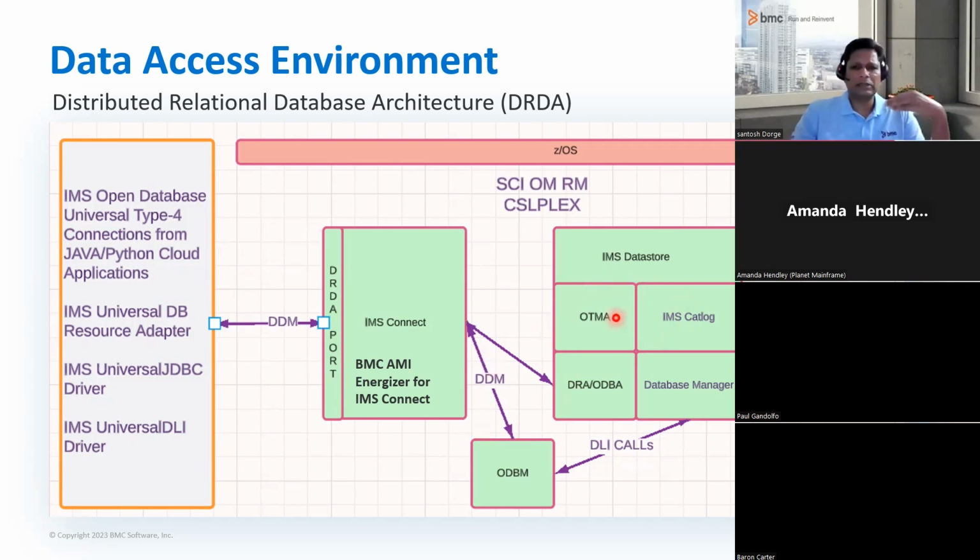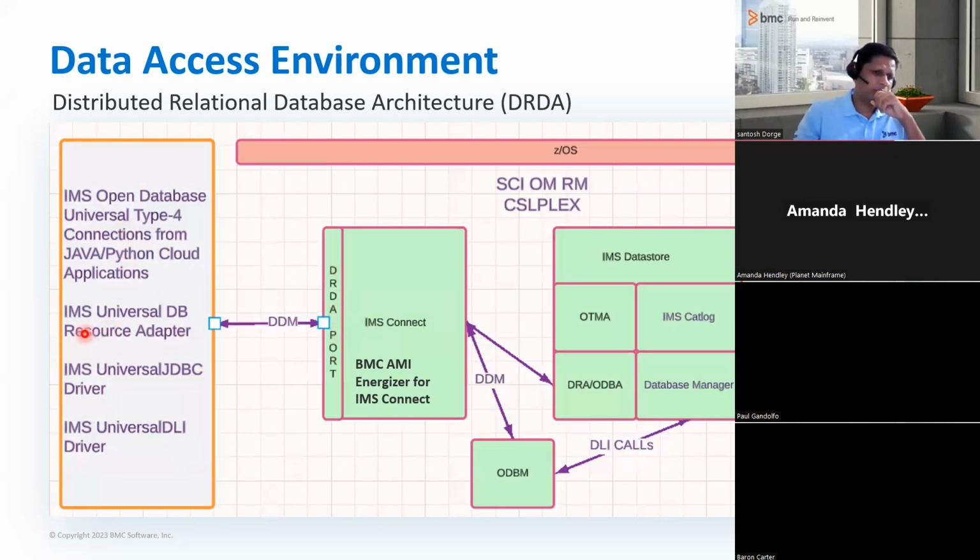So there is no need to write the transaction, but applications in the distributed environment, like Java or Python programs, can code SQL queries to access the information stored in the IMS database. So again, it is a type 4 JDBC type of connection that can be established between the application and the IMS Connect port. We call it the DRDA port.